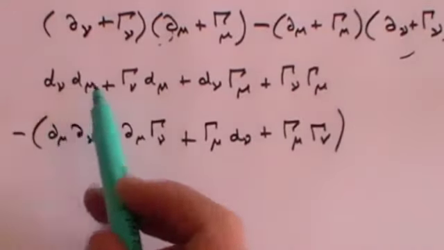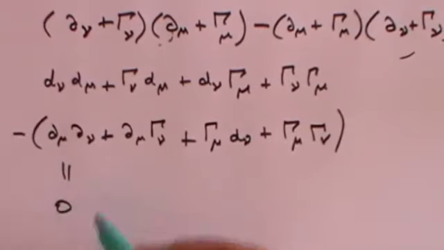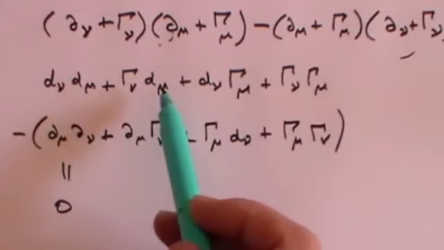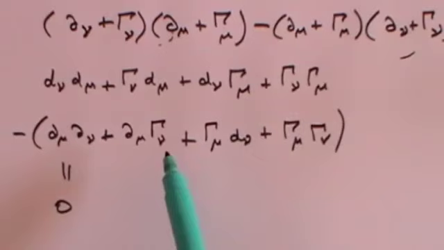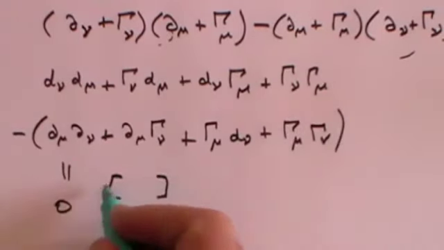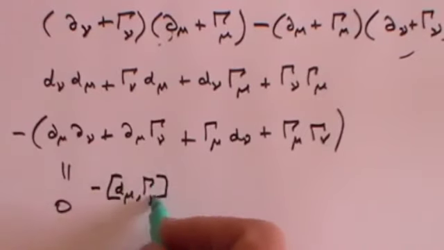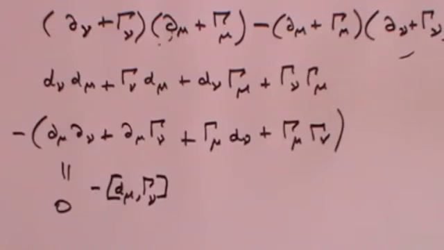d nu d mu minus d mu d nu is equal to 0 because for ordinary derivatives the order doesn't matter. Gamma nu d mu minus d mu gamma nu, well, that's a commutator. In fact, that is equal to minus the commutator of d mu gamma nu.